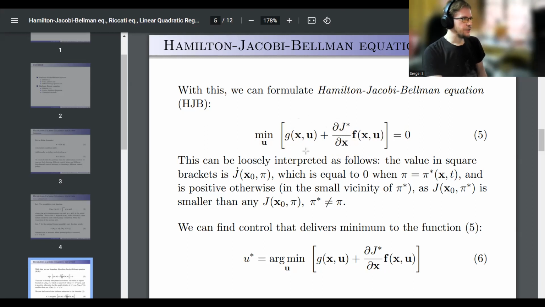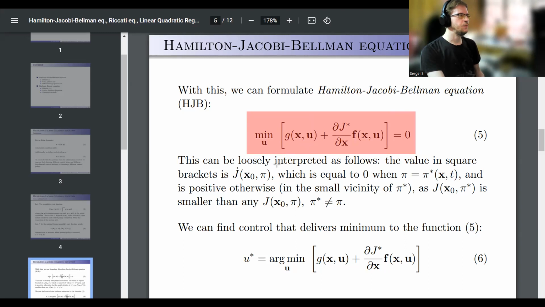All right. So this is the Hamilton-Jacobi-Bellman equation, and as long as this condition holds, the control policy u that you found is optimal. And this is true for nonlinear systems, not just linear. So if you want to check whether any control policy you find is optimal with respect to your cost, just plug it into this equation.